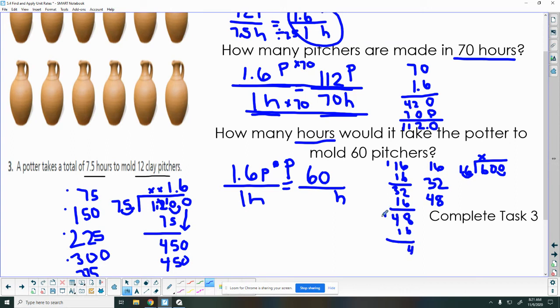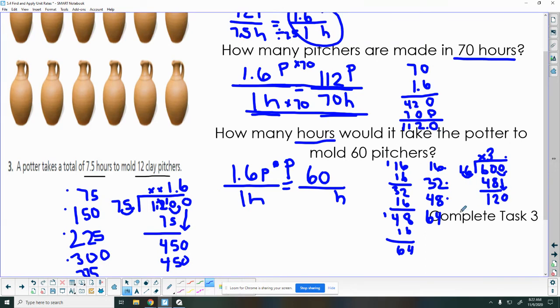It's 64. So that's too big. So I know I can go into there 1, 2, 3 times. So get my decimal after that 0 there. So 3 times 16 was 48. Left over is 12. And bringing down my 0.